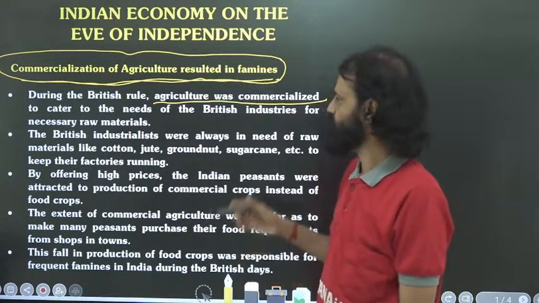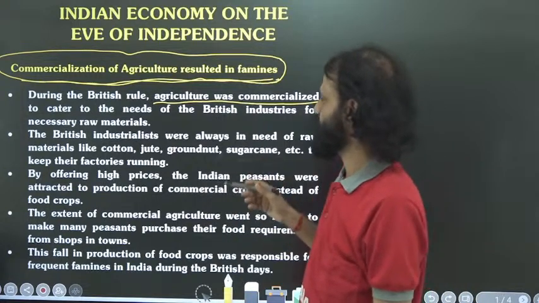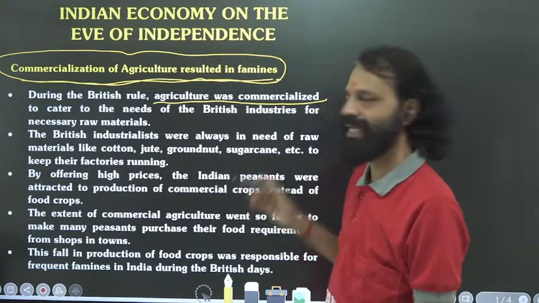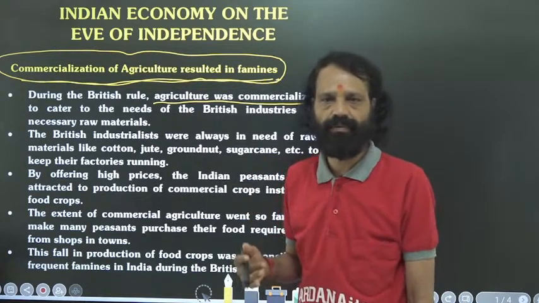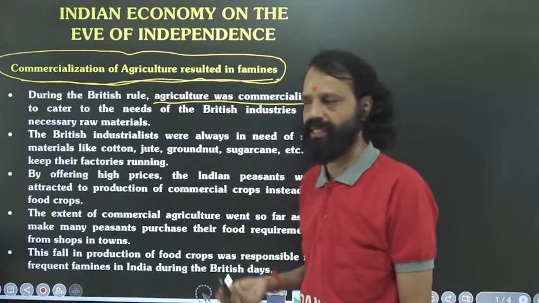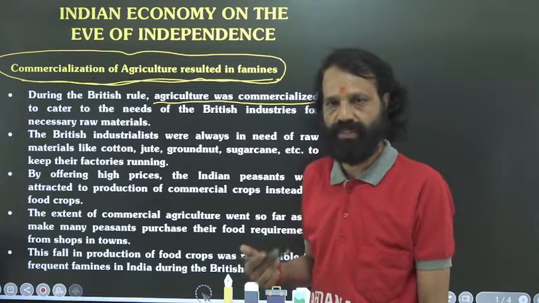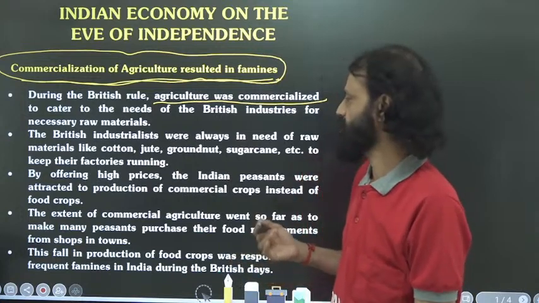That was one of the main reasons for famines in India. So the famines frequently occurred in India when Britishers ruled India. The 1921 Bengal famine is very famous. You can collect more details about it.